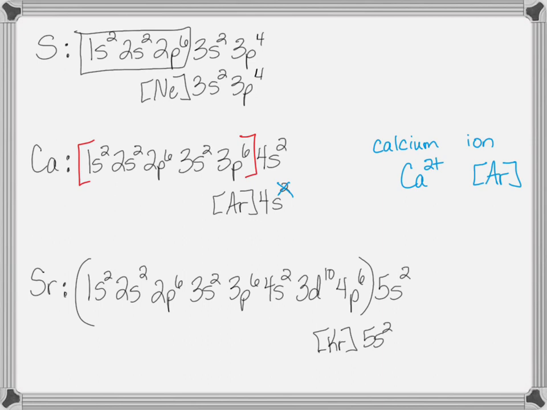Lose electrons, it becomes a cation. Here's strontium. What's the charge of a strontium ion? It's also plus 2, because it's also in group 2. So what would the electron configuration for the strontium ion be? Krypton.